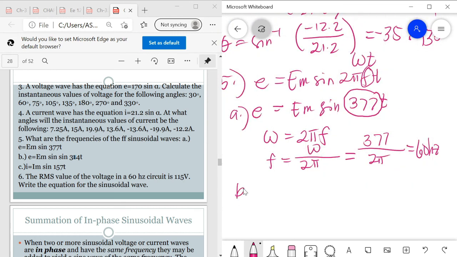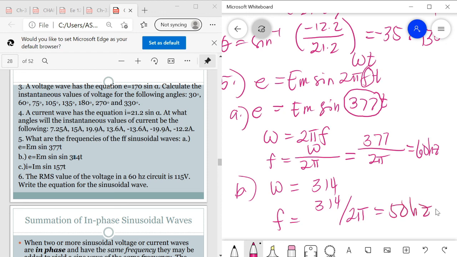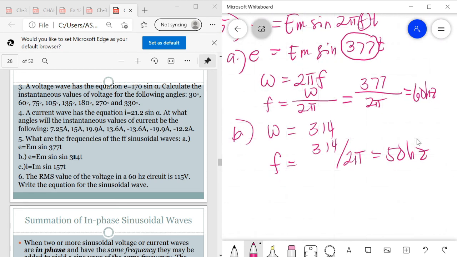Next, your omega is equal to 314. So, frequency is equal to 314 divided by 2 pi, which is 50 Hertz. Letter C, 157. So, frequency is 157 divided by 2 pi. So, 25 Hertz.